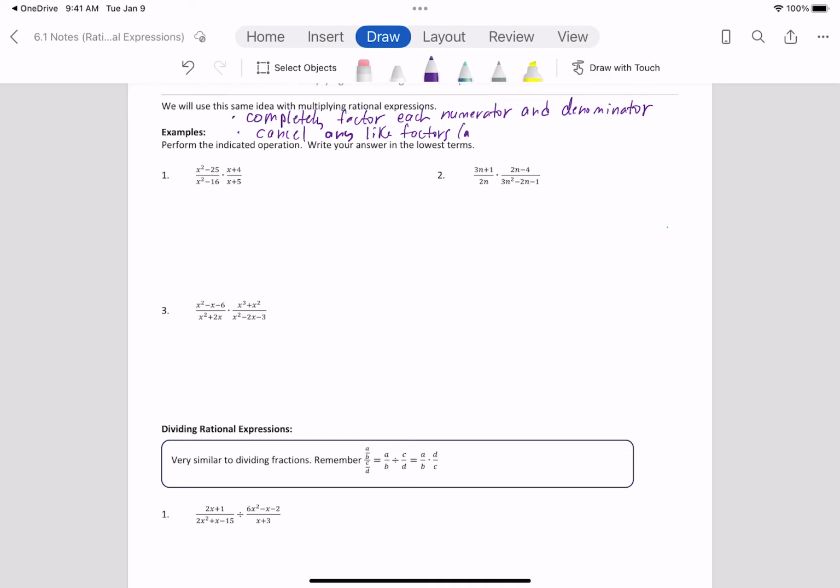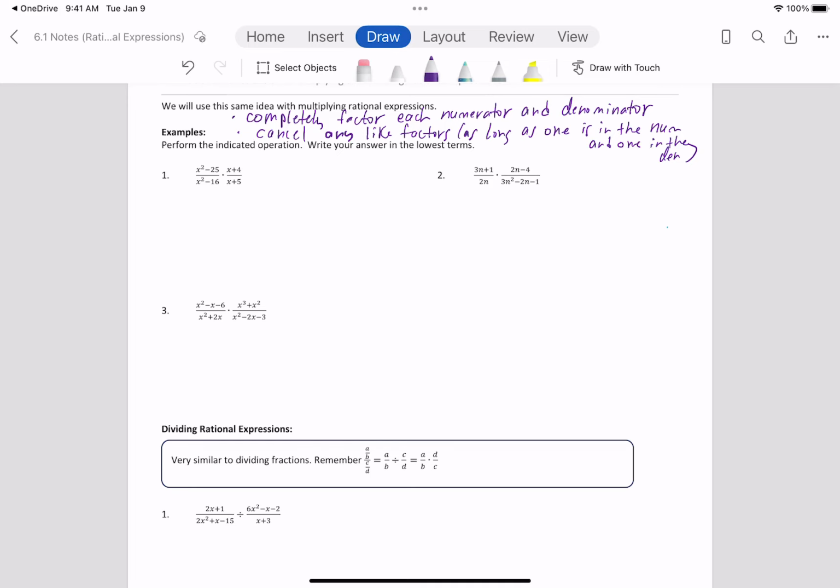And that's, of course, as long as 1 is in the numerator and 1 in the denominator, because anything over itself is 1. So we want 1 in the top and 1 in the bottom to be able to cancel.